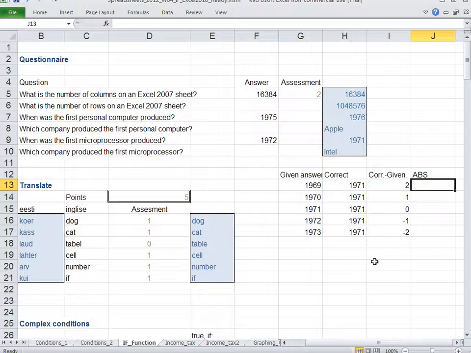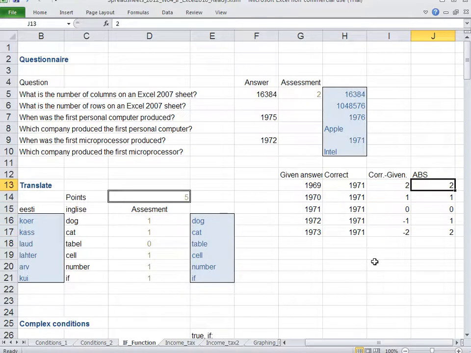So here it's 2, here it's 1, here it's 0, and in case the subtraction gave us -1, the absolute value is still gonna be +1, and in case the subtraction gave us -2, the absolute value is gonna be 2. So basically absolute just takes the minus sign away.